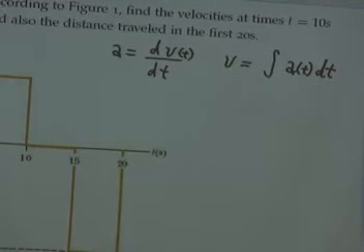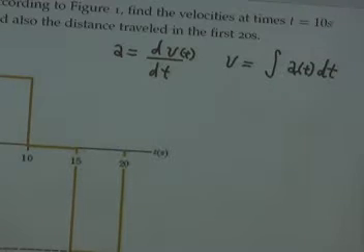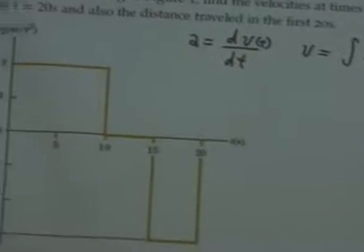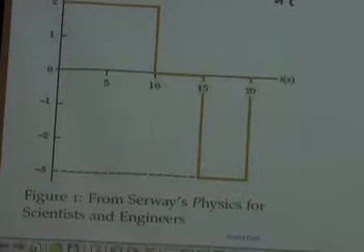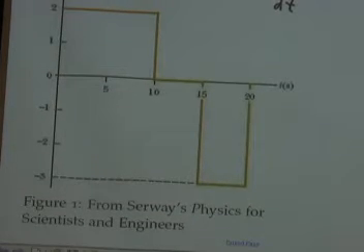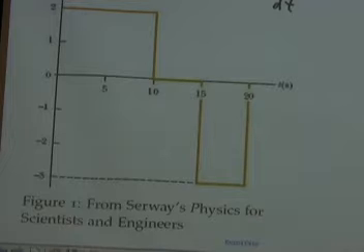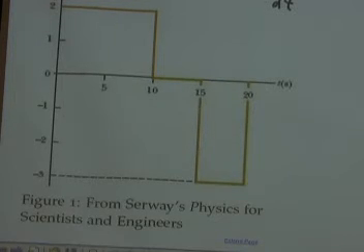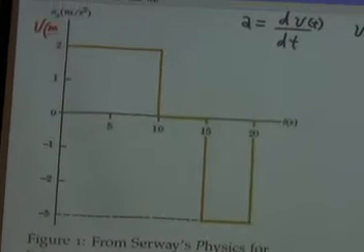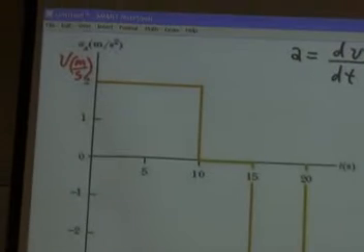Let's start out with a graph of velocity versus time. So let me pull this down here. I'm going to actually graph it on top of here. The red values will be velocity measured in units of meters per second. Okay?